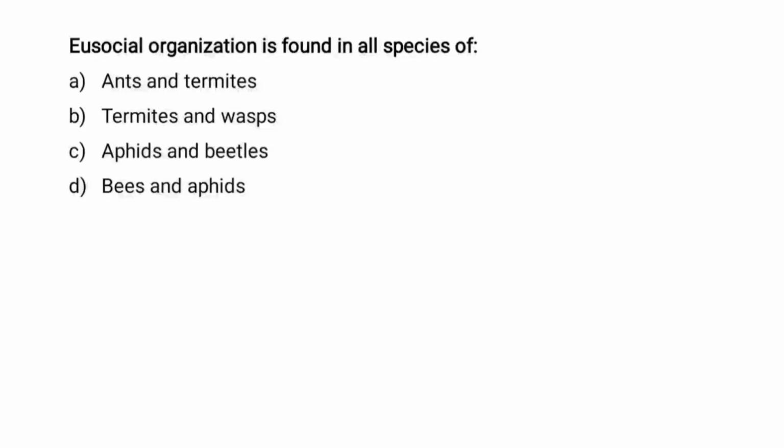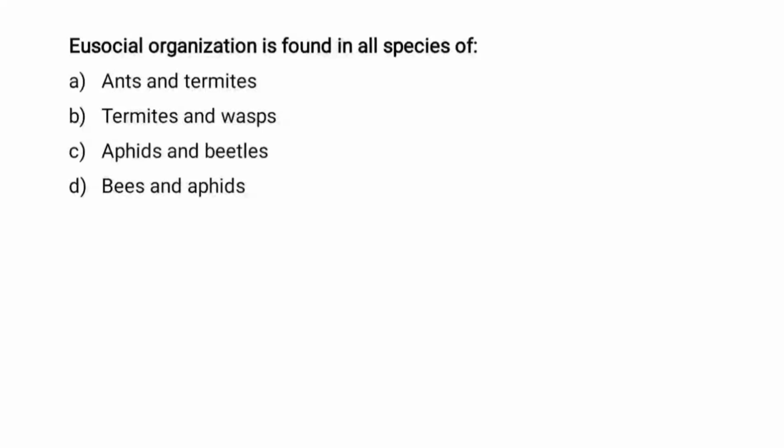Next question is, eusocial organization is found in all species of. Eusocial species refers to any colonial animal species that live in multi-generational family groups in which the vast majority of individuals cooperate to aid relatively few reproductive group members. Such species often exhibit extreme task specialization which makes colonies potentially very efficient in gathering resources.